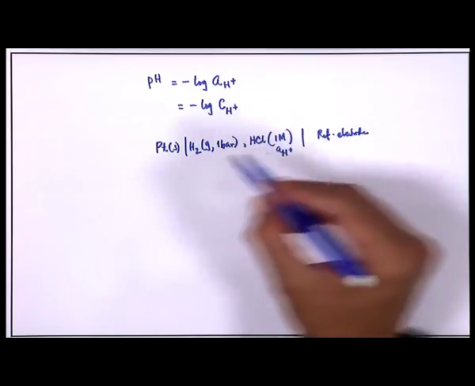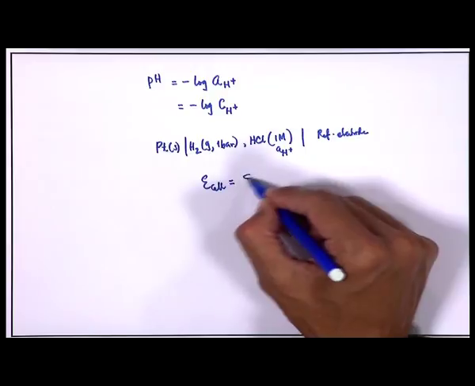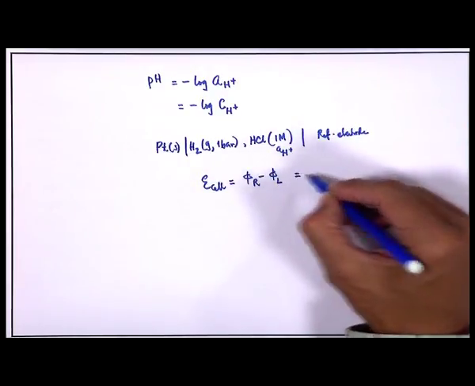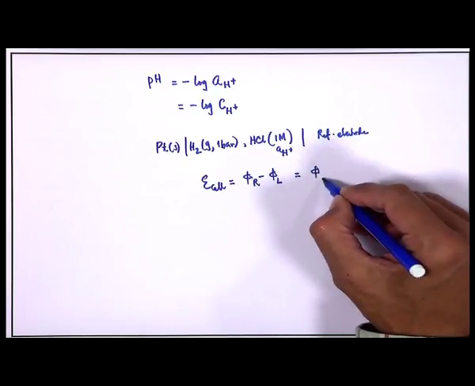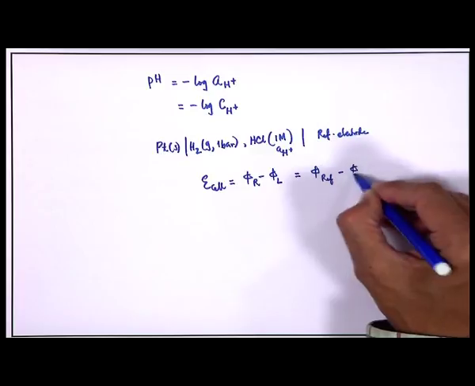Okay. So, therefore, E cell will be equal to phi right minus phi left. So, phi right means phi reference or standard, minus phi left.